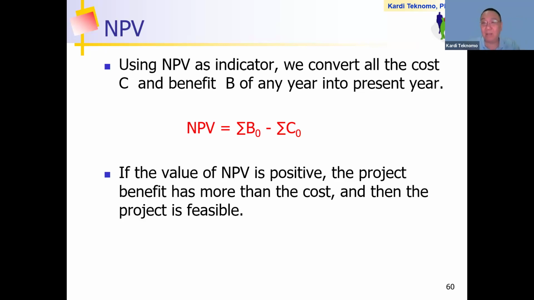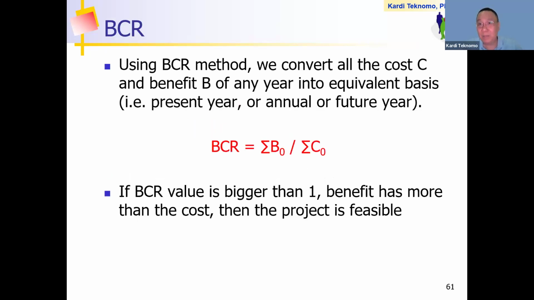That means if the NPV is negative or 0, they are not feasible. The same thing with PCR: if the PCR value is larger than 1, then the project is feasible. Feasible only, not necessarily optimum, right? And IRR is the same thing.